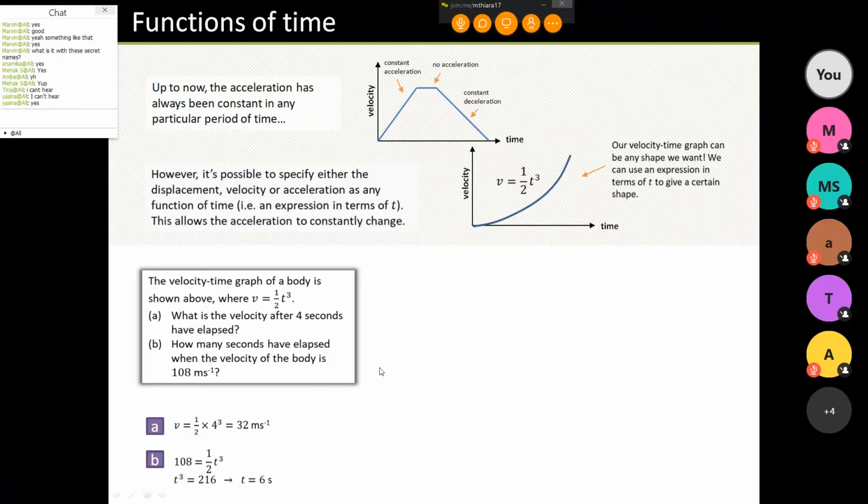Okay, so here, as I was saying before, you're going to be given a function in terms of time, and we're going to use these functions to essentially work out whatever we need to work out. Now, actually, what I should have said earlier, a couple of things.